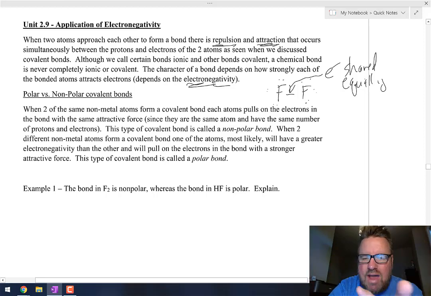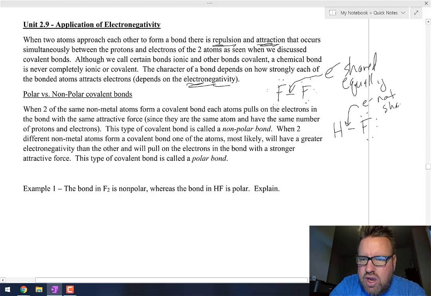But anytime the atoms are different, such as in HF, for example, because fluorine is more electronegative, the electrons in this bond are not shared equally, okay? And what that does is it creates different types of bonds.